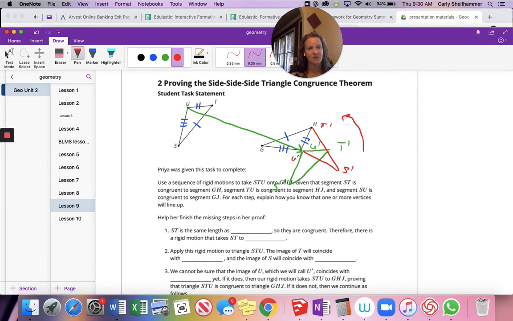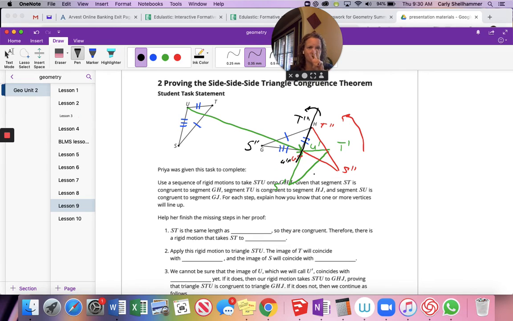So I just rotated it, and then I would reflect it. Oh, let's go back and make these double primes, right? Because it's another image. And then I reflect it, and I would get T triple prime, S triple prime, and U triple prime.